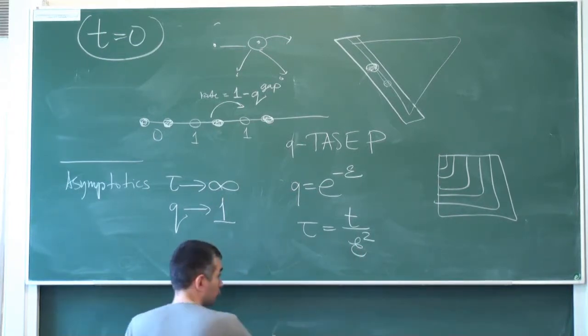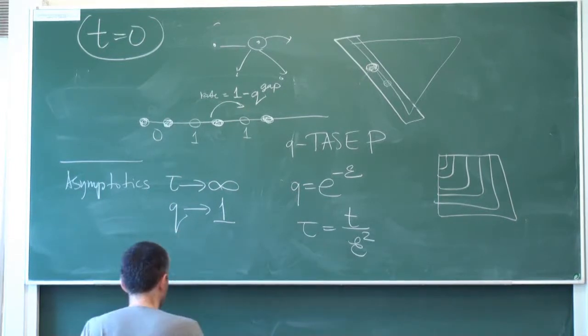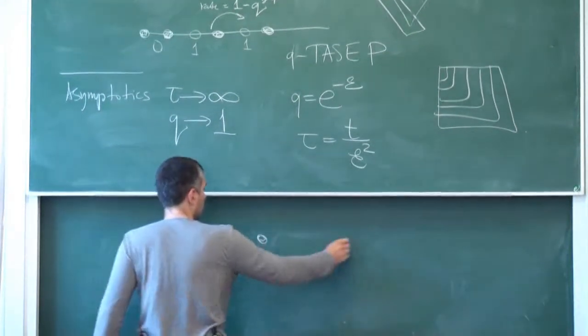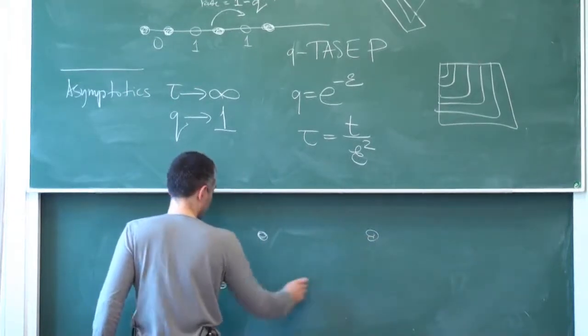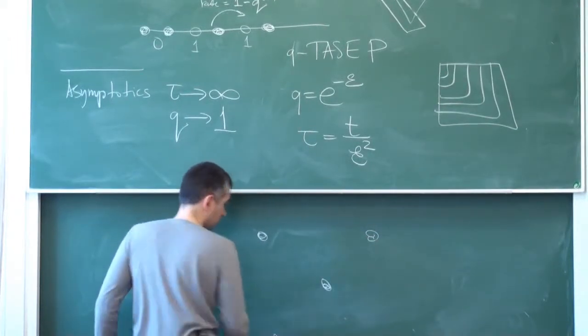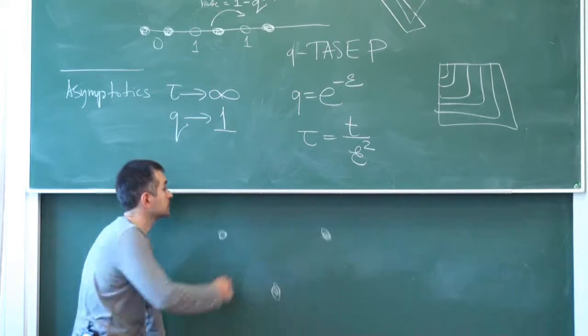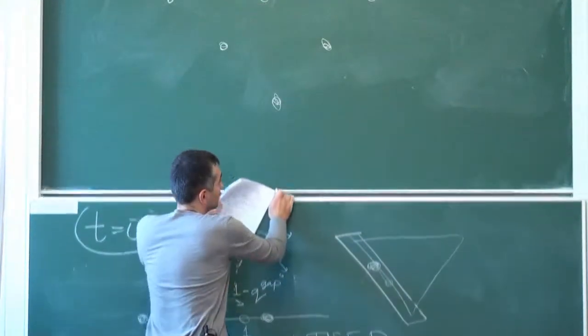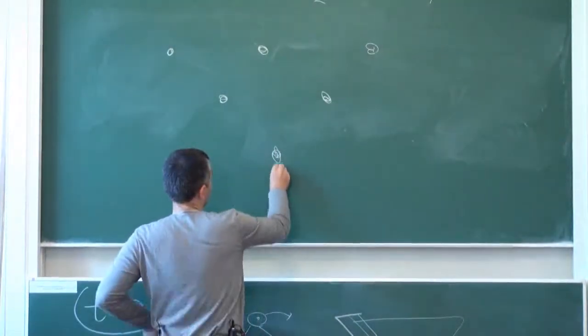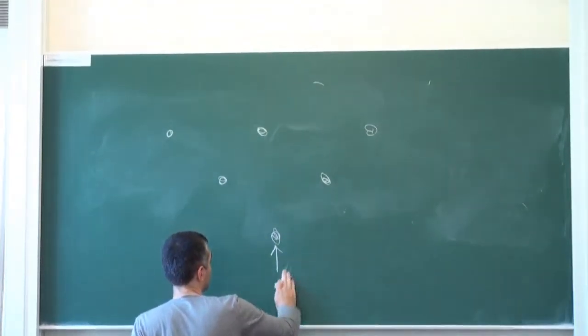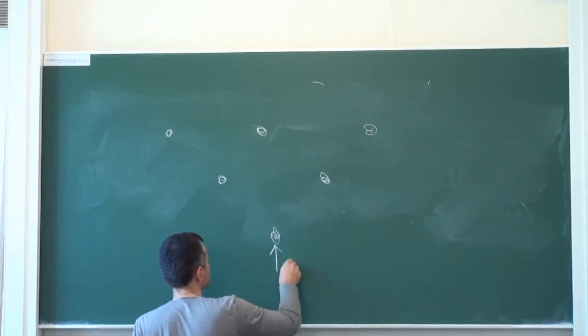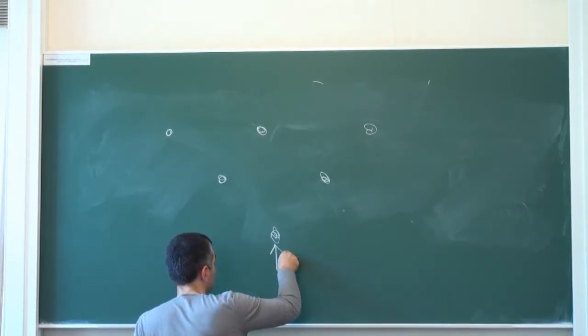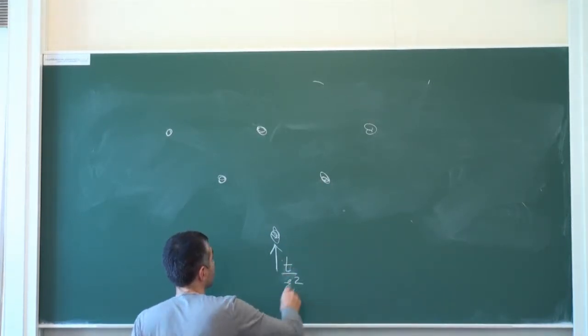Indeed, one proves that the particles arrange themselves in a perfect lattice. In the first approximation, actually in the second approximation, the coordinate of this particle is going to be t over epsilon squared.